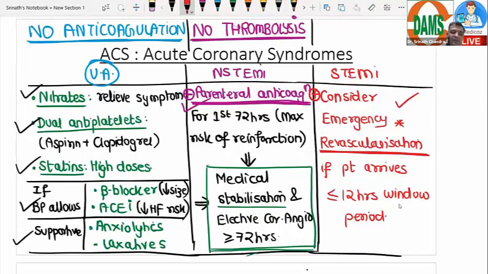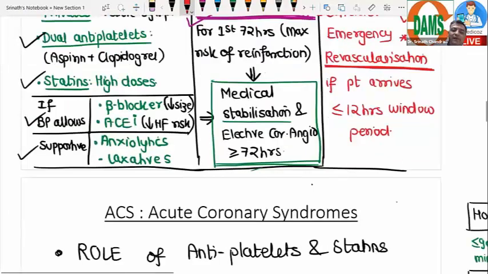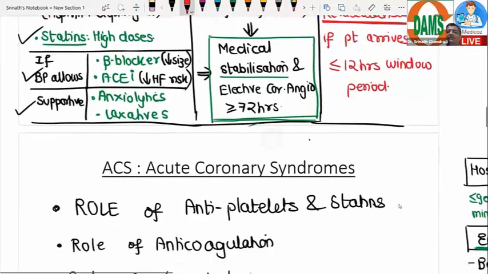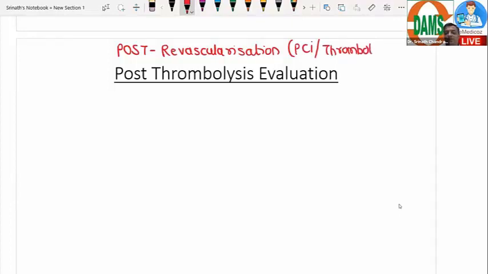The last point we want to know is what you should monitor after post thrombolysis or post revascularization. Whether I do an angioplasty or thrombolysis, PCI or thrombolysis, whichever one I choose, what are we planning to watch?